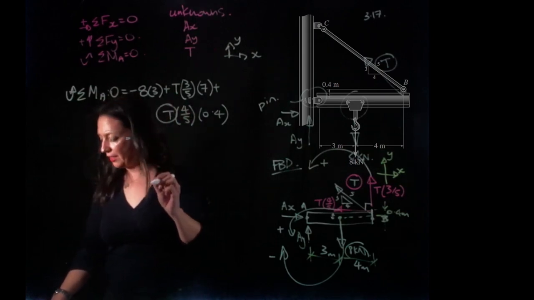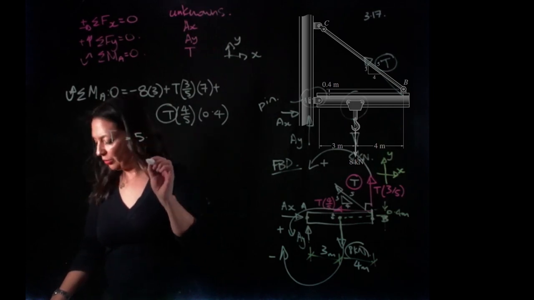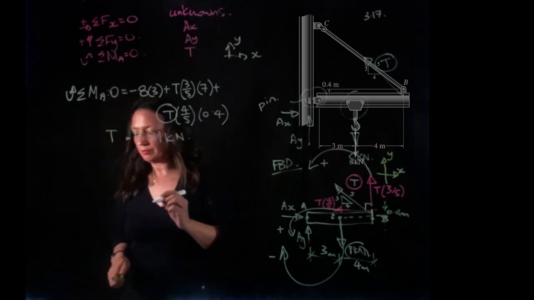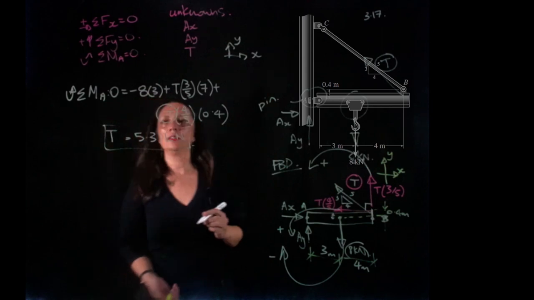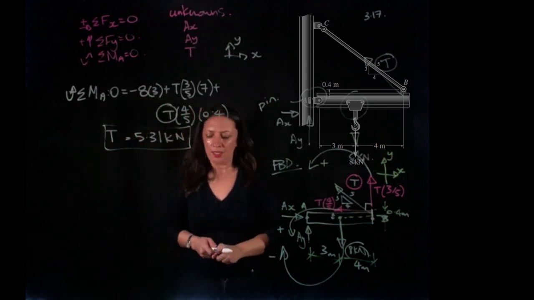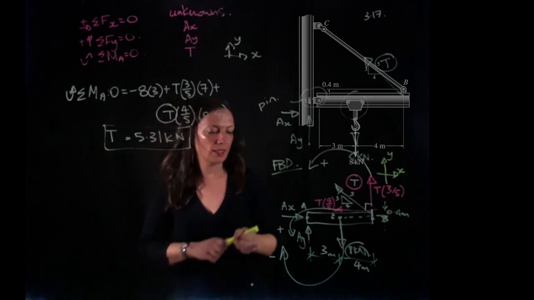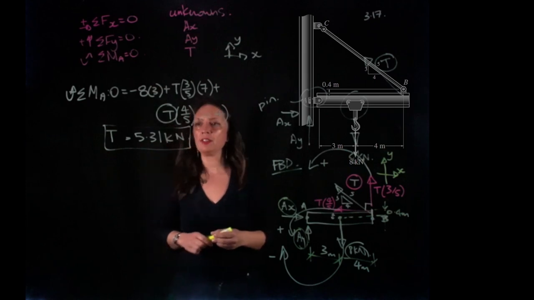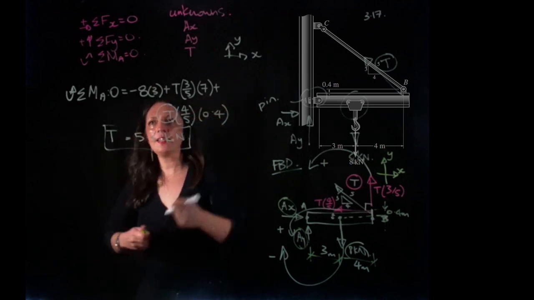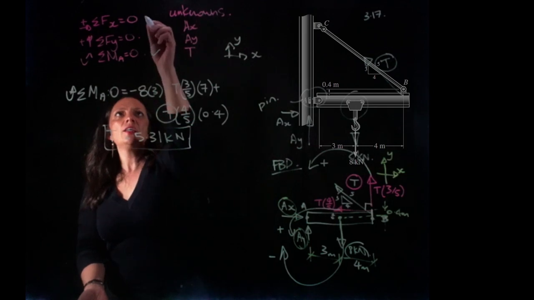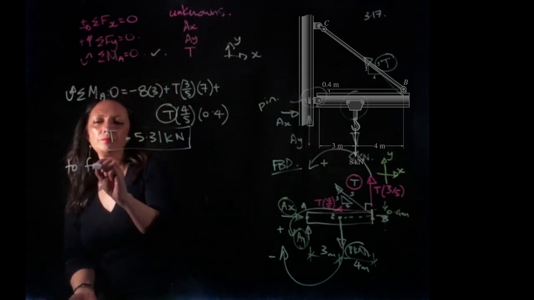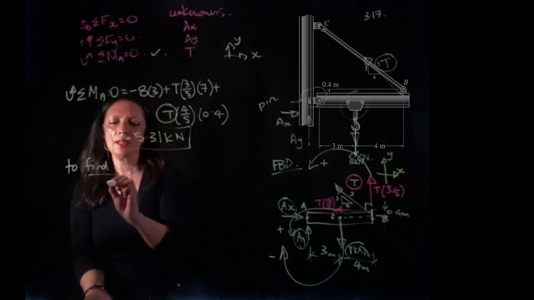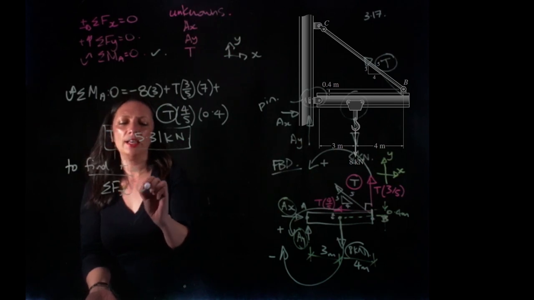So T is going to equal 5.31 kilonewtons. That wasn't so bad. Now what we want to do is find AX and AY. So we want to find the reaction force over here. So we've used this equation. To find AX, which equation are we going to use? We're going to do the sum of the forces in the x direction has to equal 0.